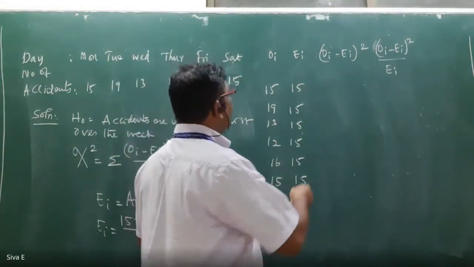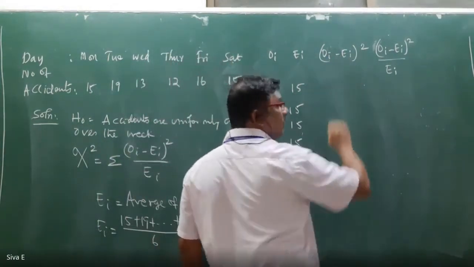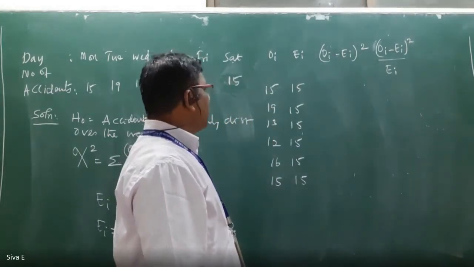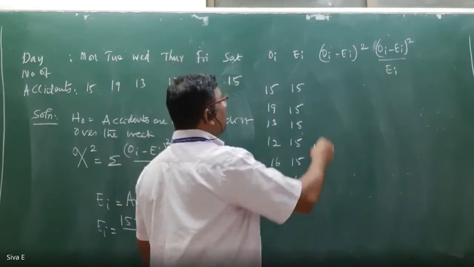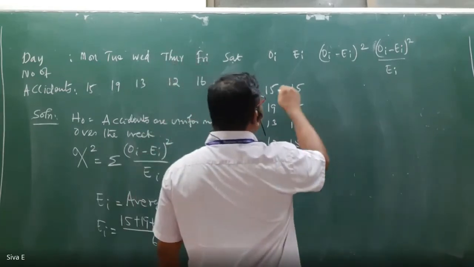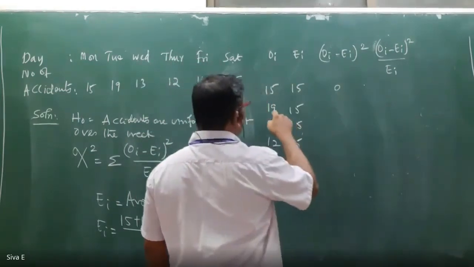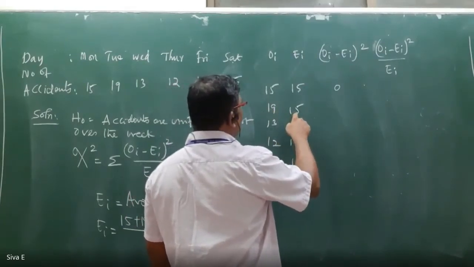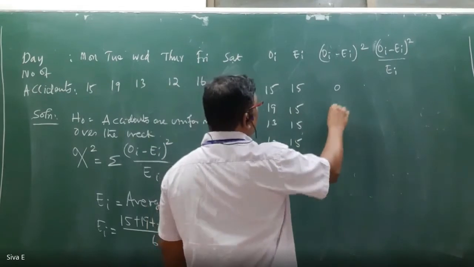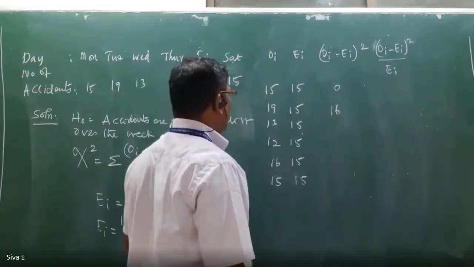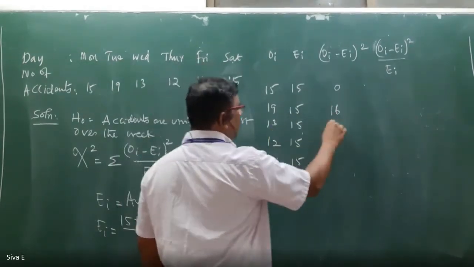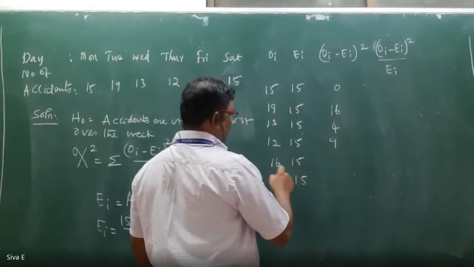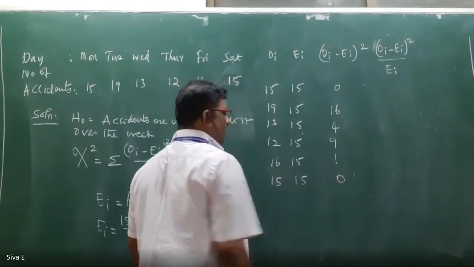next one is (OI minus EI) whole square. See that, 15 minus 15, 0. 19 minus 15, 4, squared is 16, then 4, 9, 1, 0.